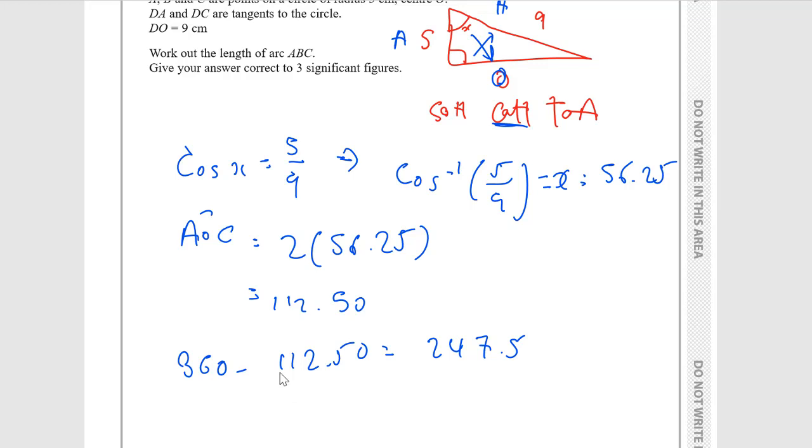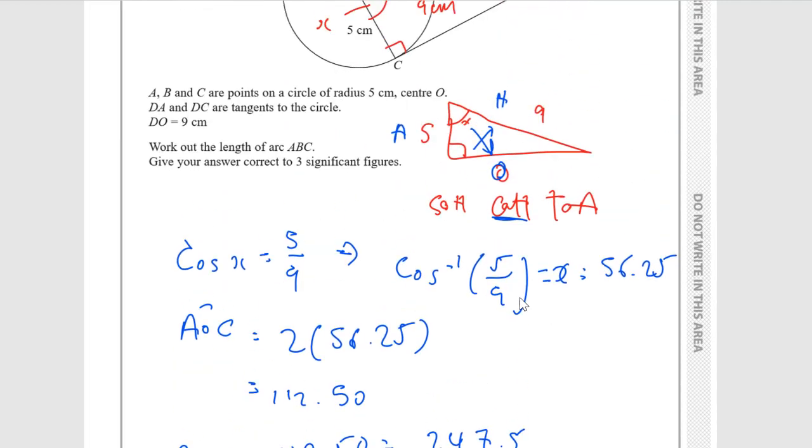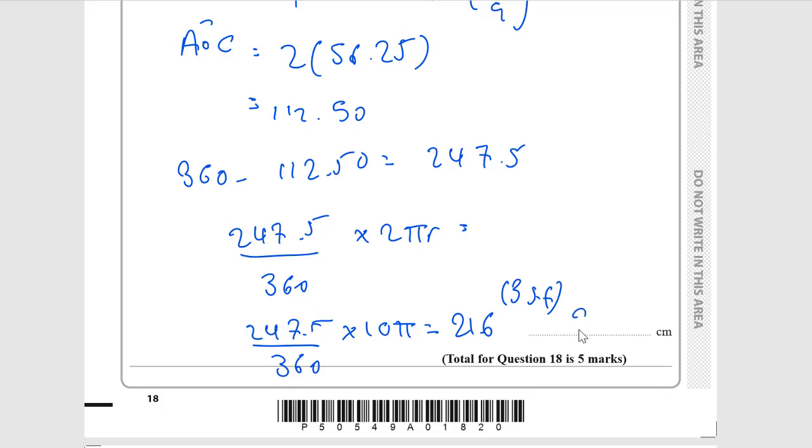And then we have 247.5 over 360 times 2 pi r. So remember, 2 pi r, this is a formula. Well, let's calculate that first and foremost. So r is 5. So 247.5 over 360 times by 10 pi, which will give us 21.6 to 3 significant figures.